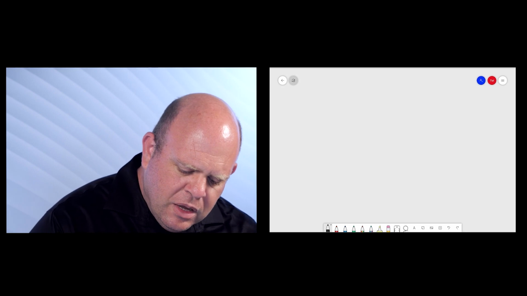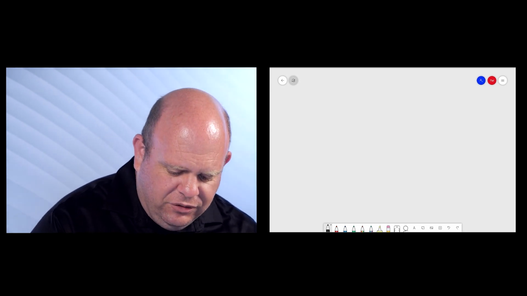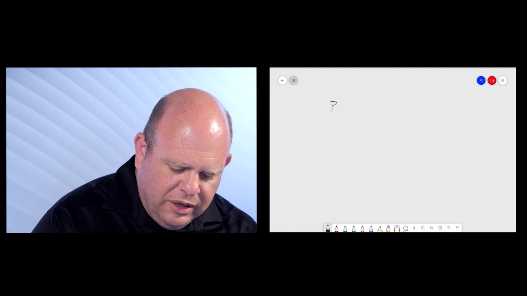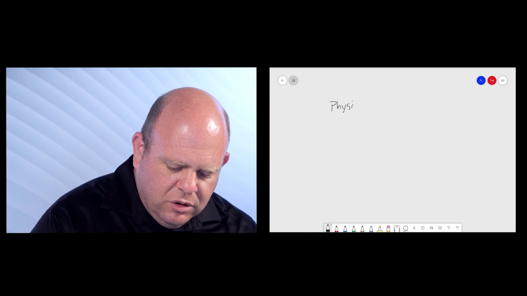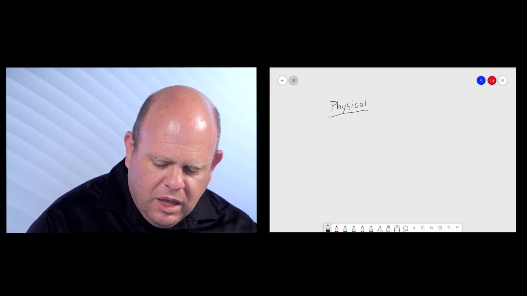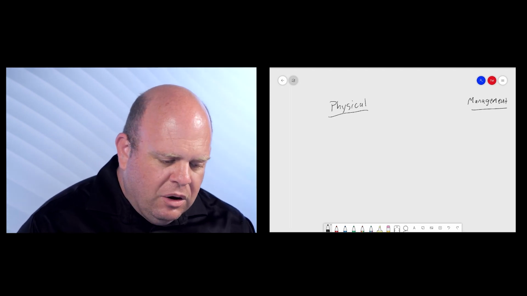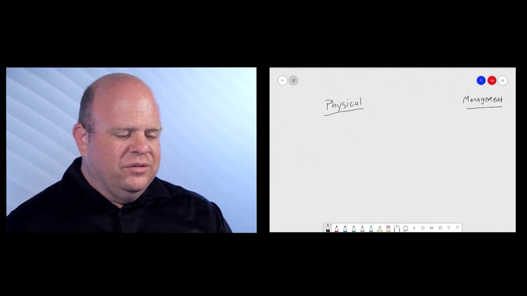Now, under property analysis, there's 2 different things that we're really looking at. We're looking at the physical property, and we're also looking at management and how that property is being managed. Now, under physical, there's a lot of things that kind of make sense.